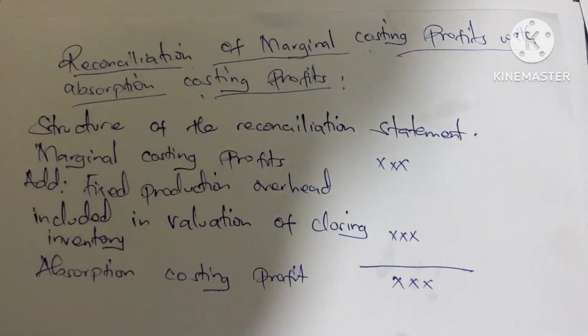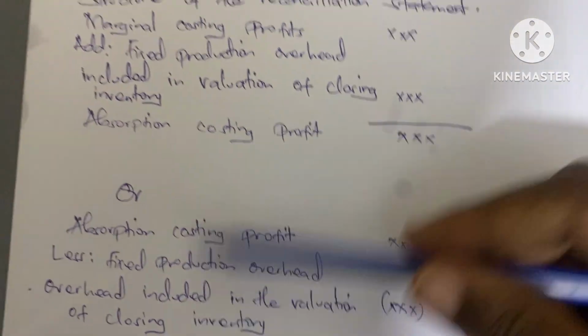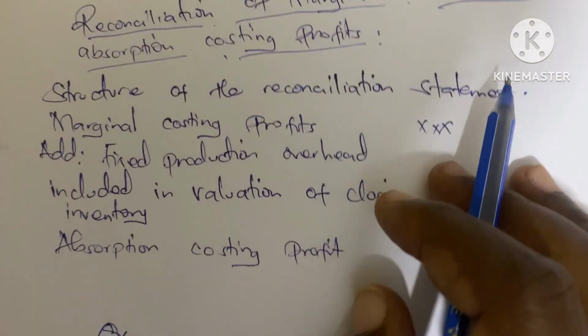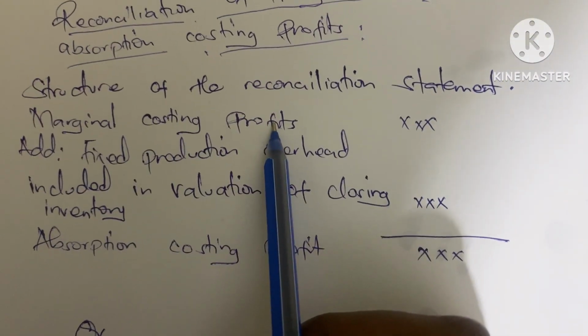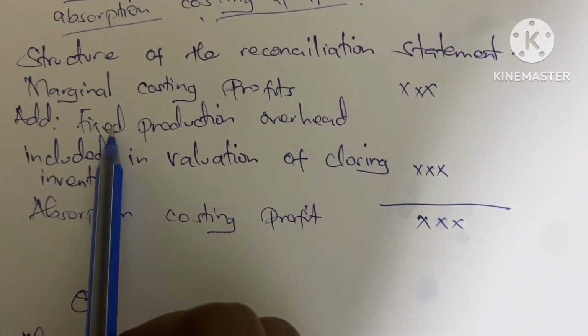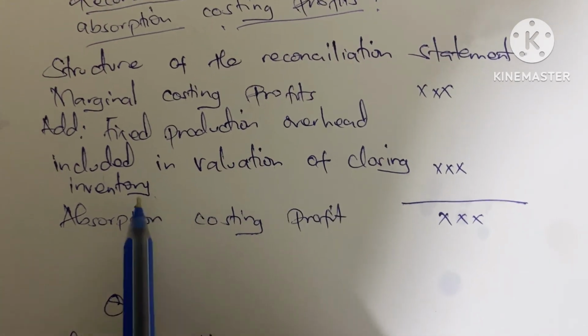So the structure of the reconciliation sheet has two formats. You can either use this or that. They all work. We have the marginal costing profits, the profits that you get using the marginal costing method. Then you add the fixed production overhead included in the valuation of closing inventory.